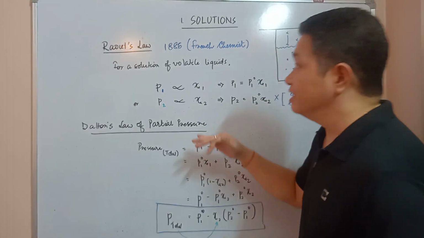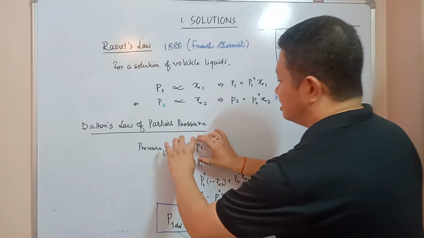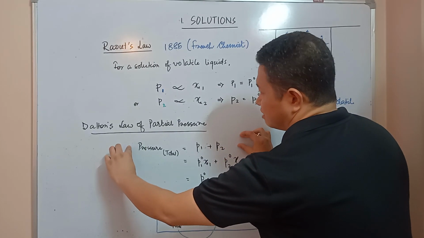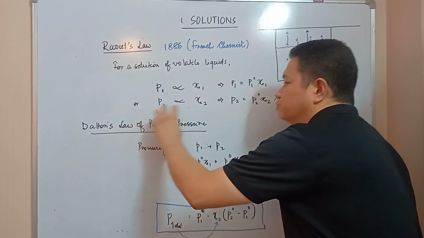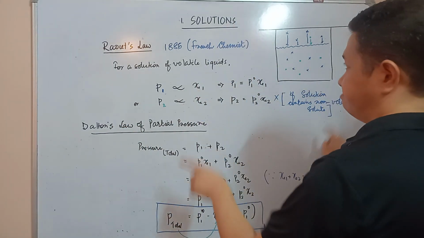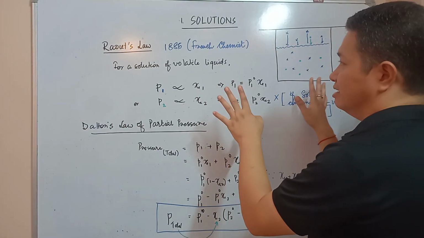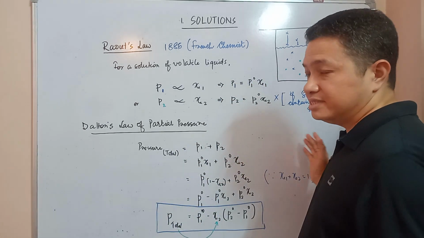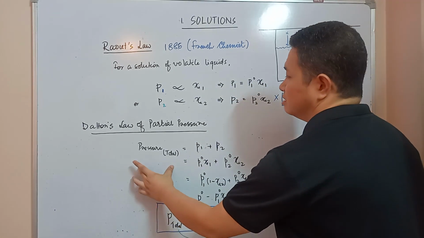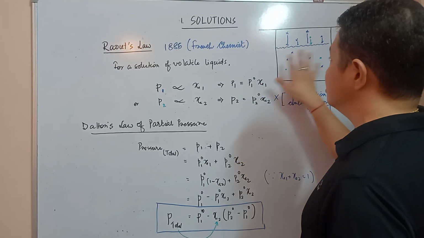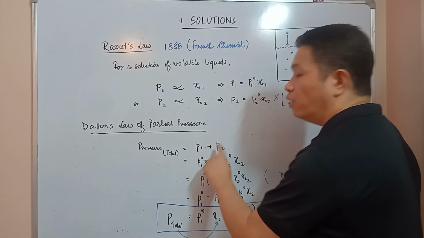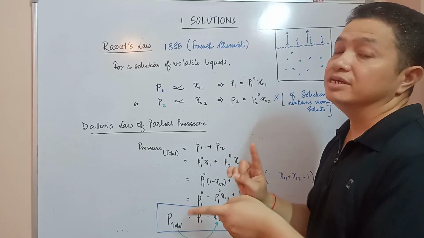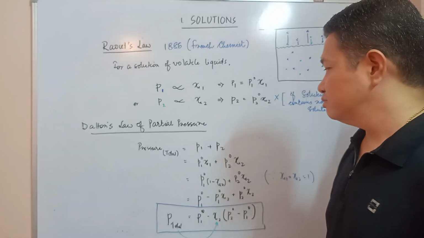Now if we apply Raoult's law here, this mathematical statement is what Dalton's law of partial pressure says, right? It says that in a solution of volatile liquids, the total pressure, or total vapor pressure, of the whole system will be equal to the sum of the partial pressures of the individual components, right?